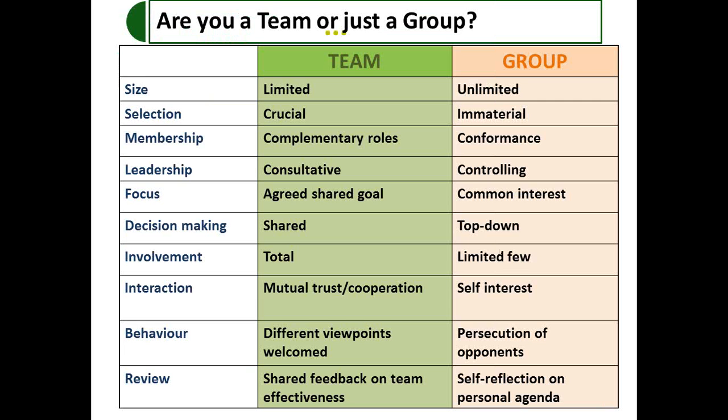I'm still astonished with our clients how many people think they are a team, but they're actually just a working group of individuals with no common purpose, or they have difficulties in identifying interdependencies within the collective to make them a real team.